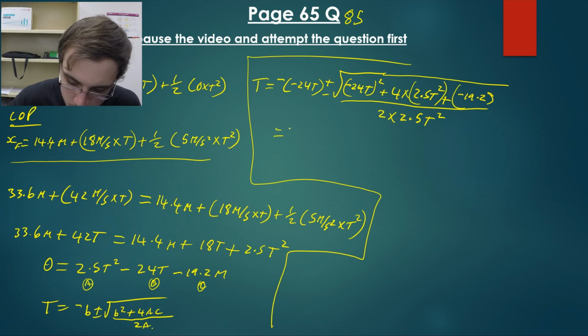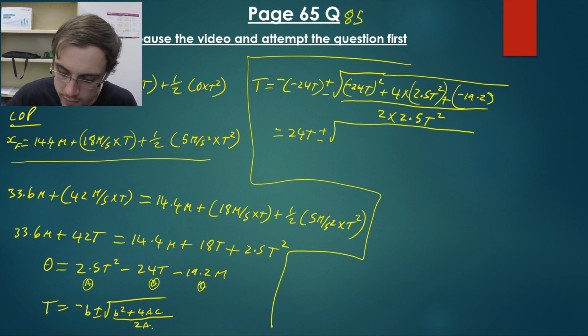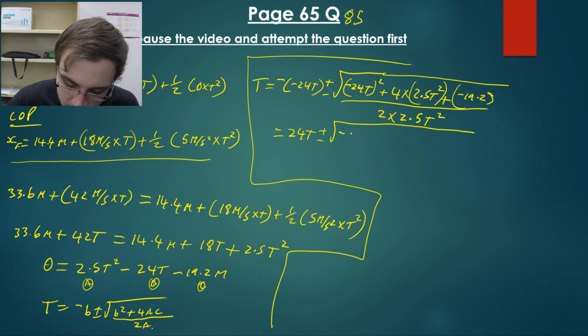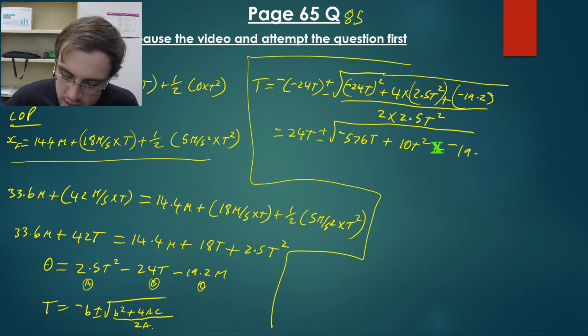So a negative and a negative equals a positive, so we're going to have 24 plus minus the square root of, so negative 24 squared is going to give us 576, plus 4 times 2.5, that's going to give us 10, negative 19.2, divided by 2 times 2.5, so that's going to be 5. Now, the t squared here and the t squared here, they can cancel.